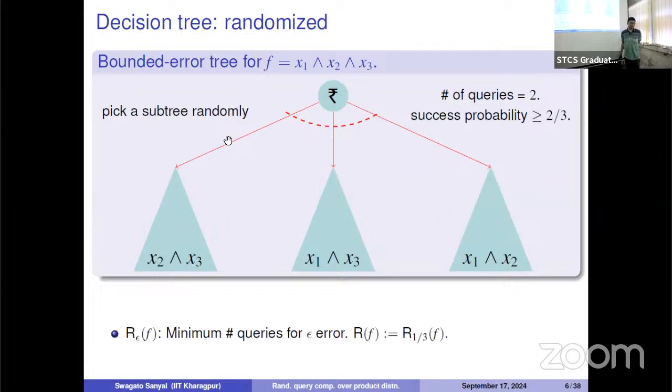R_epsilon(f) is the minimum complexity of a randomized decision tree that computes f with error probability epsilon. And R(f) is defined to be R_{1/3}(f).